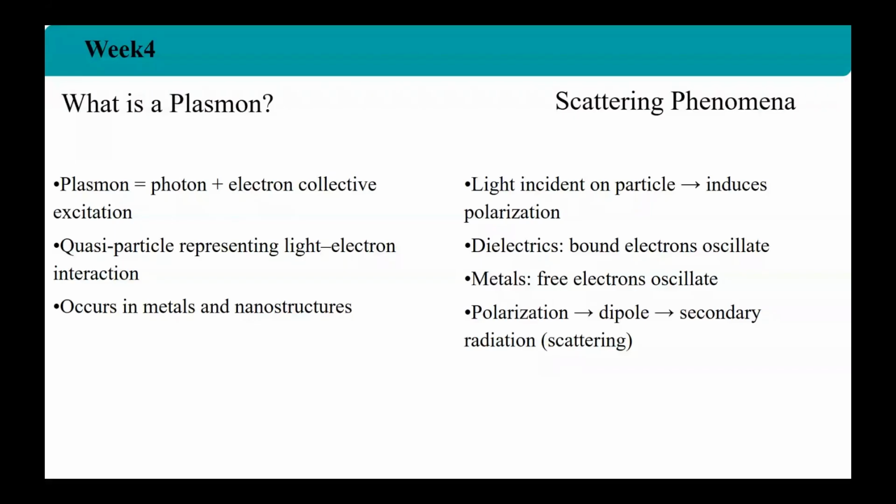Suppose we have a nanoparticle or a micron size particle. When light is incident on that particle, it will cause some polarization. What is meant by polarization? There is a charge separation in the presence of an electric field, and it will create a dipole, and because of the dipole there will be induced polarization.